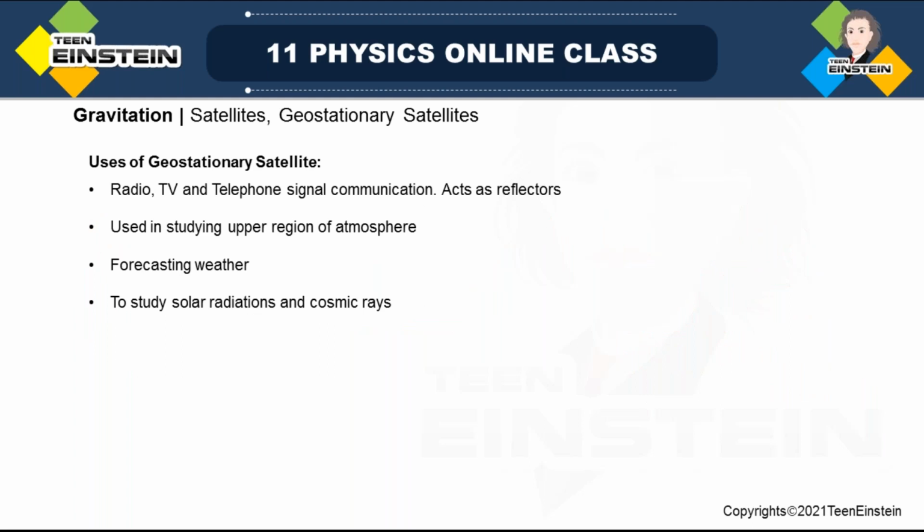Now everything is fine. Now let us see what the use of a geostationary satellite is. Actually, as I said, it is very useful for various reasons. One reason is all types of communications, like radio, television, telephone, signal communication, happen through geostationary satellites. And how does it happen? Geostationary satellites act as reflectors.